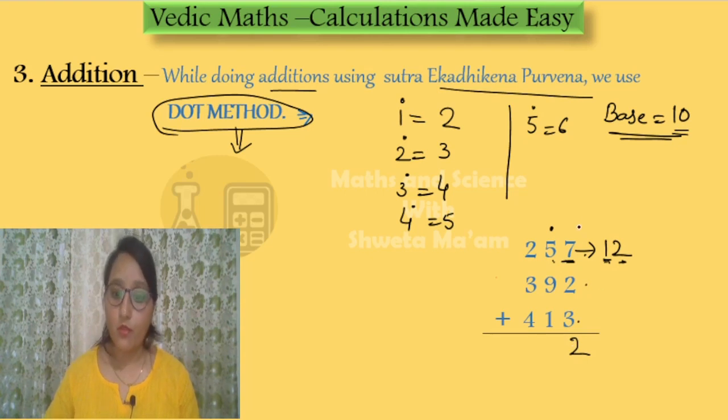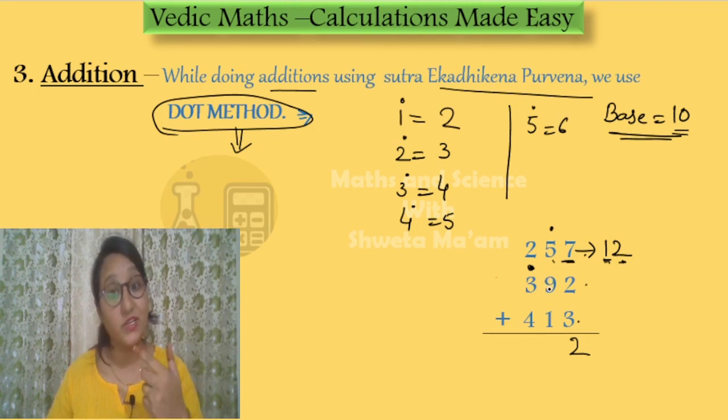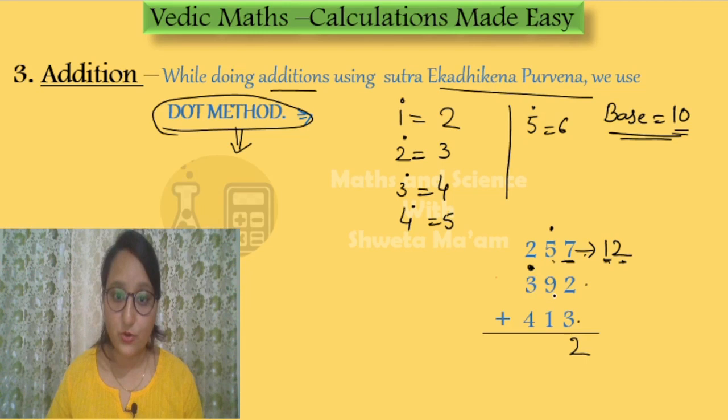Now again see the next line, 1 plus 9 gives us 10. So again here we will be putting 1 dot to the neighboring number and will continue using the units place digit, that is 0. Now 0 plus 5 dot, 5 dot will be considered as 6.